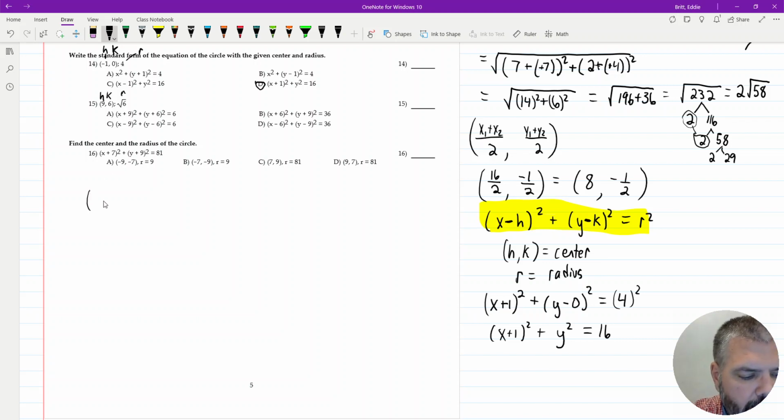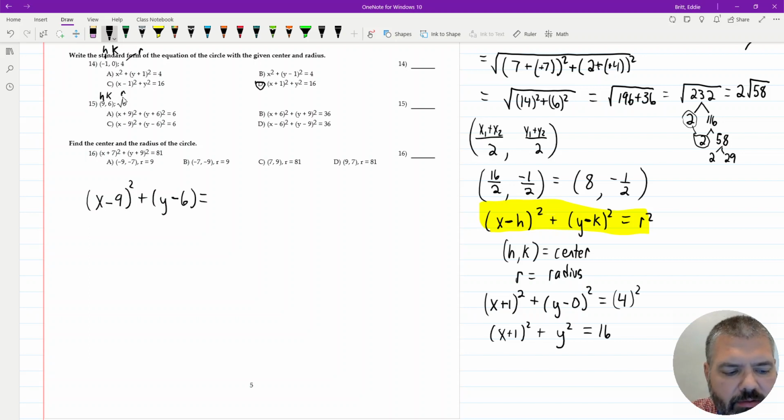So that's going to be x minus the H is 9 squared plus y minus the K is 6 equals, now what do you get when you square a square root? When you square a square root, those cancel out.